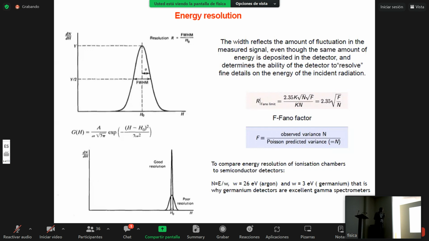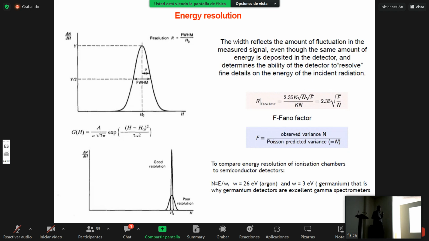And in my next slides, I will tell you that the best detectors for measuring gamma rays are semiconductor detectors, germanium detectors, and the main reason is that if you look at this formula, you have this N number, which is located here, and this is the number of these charge carriers.